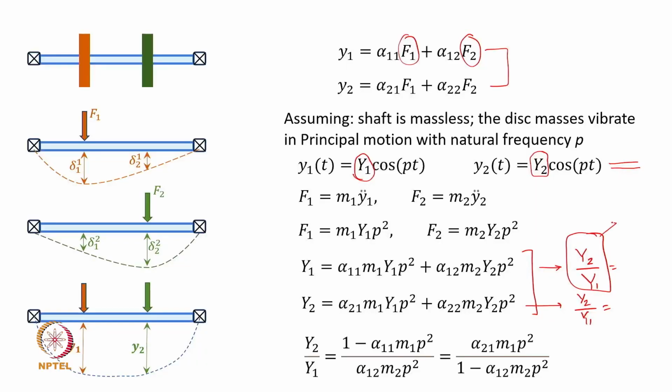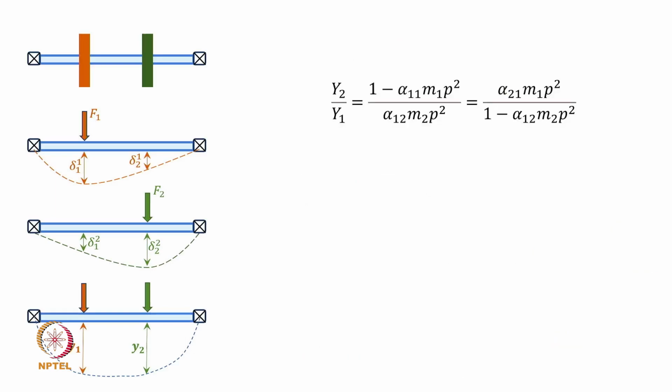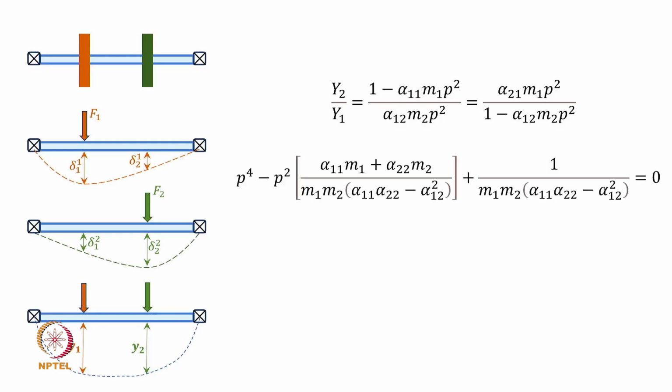Right. So, these are essentially the mode shapes for this system, and by equating the two right hand sides, this is what you can get. And then of course, when you cross multiply, what do you get? You get the frequency equation.